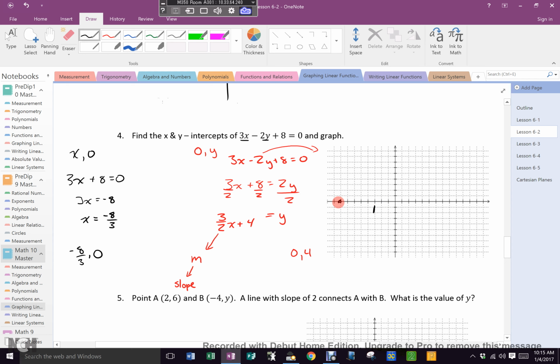Can I put my first dot there? Is everyone okay with that? Now, can I use the same scale on the y-axis? Yes? Here? Or here? Because the y was going to be 0.